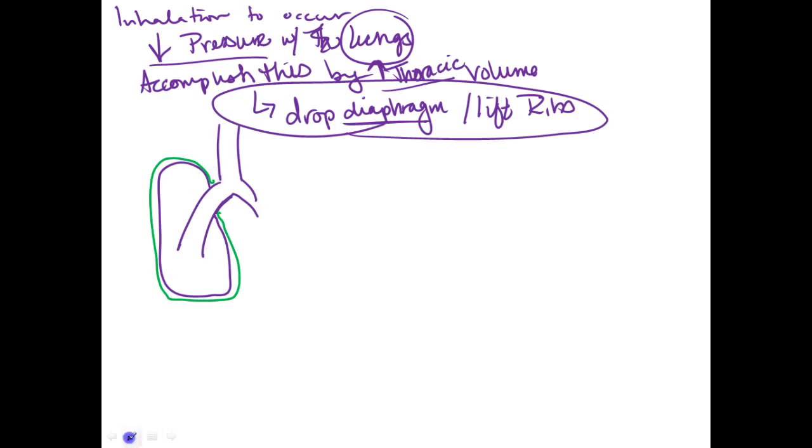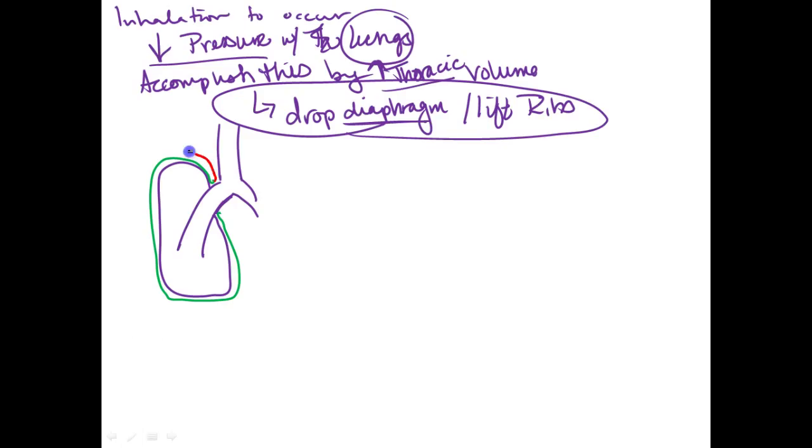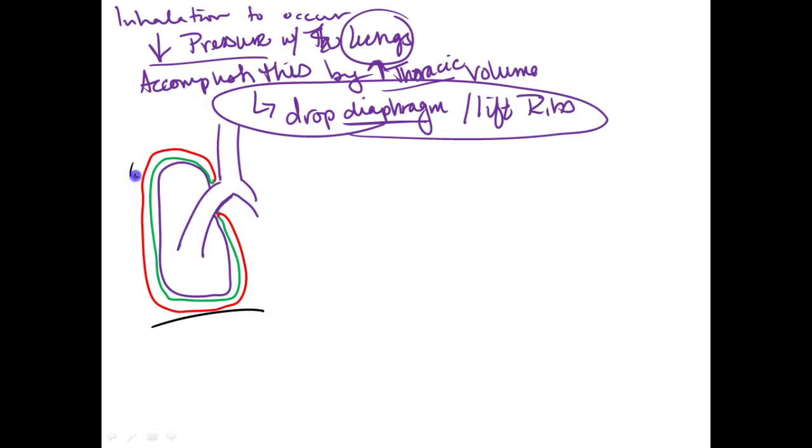The visceral pleura would then be in contact with the parietal pleura. And finally, the parietal pleura would be in contact with our thoracic wall, either the diaphragm down here or the ribs here.